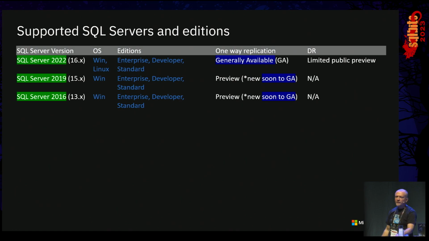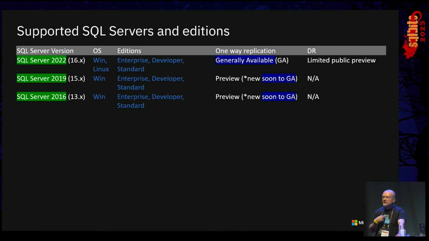In terms of supportability, and today I also have some announcements. We support SQL Server 2016 and up, and the replication one way to the cloud, without the ability to fail back, is available for 2016 and 2019.